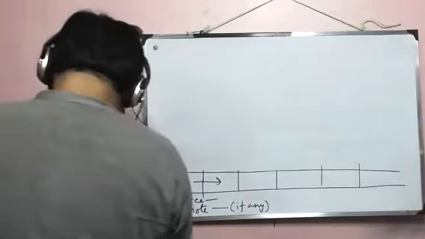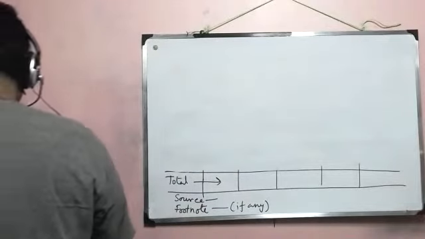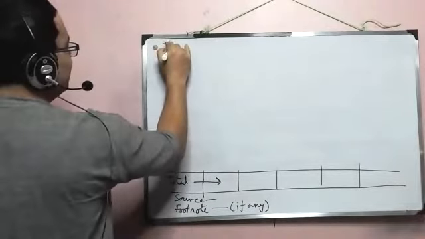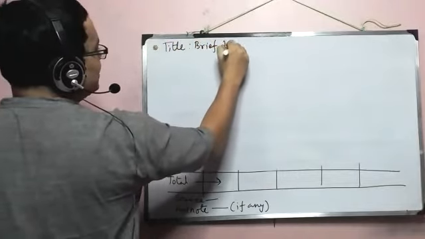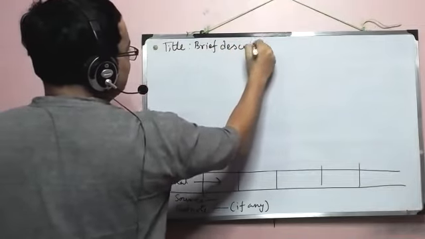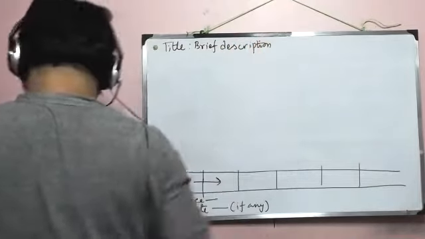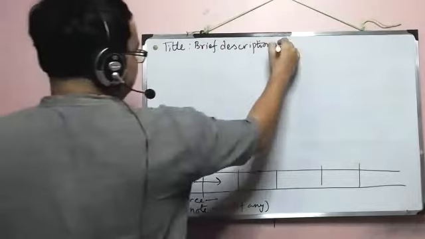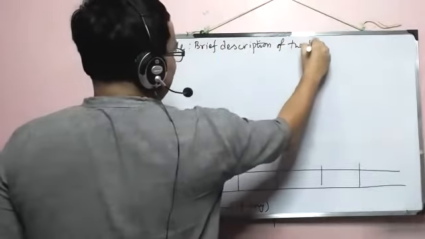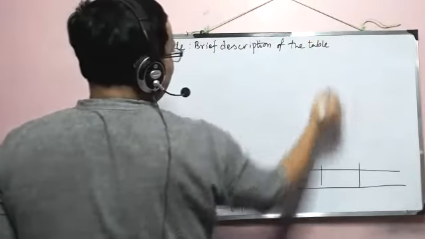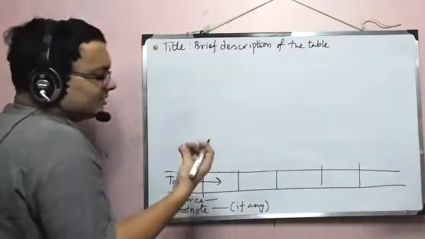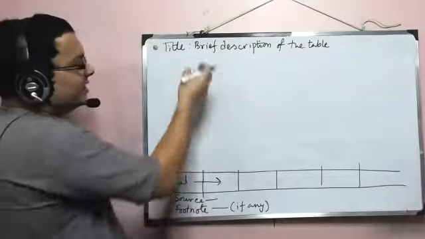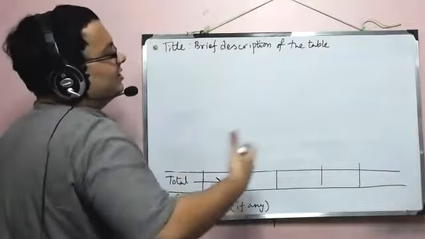So first is title. What is it? A brief description of the table. And obviously there are subtle points of not making it too brief or not making it huge.